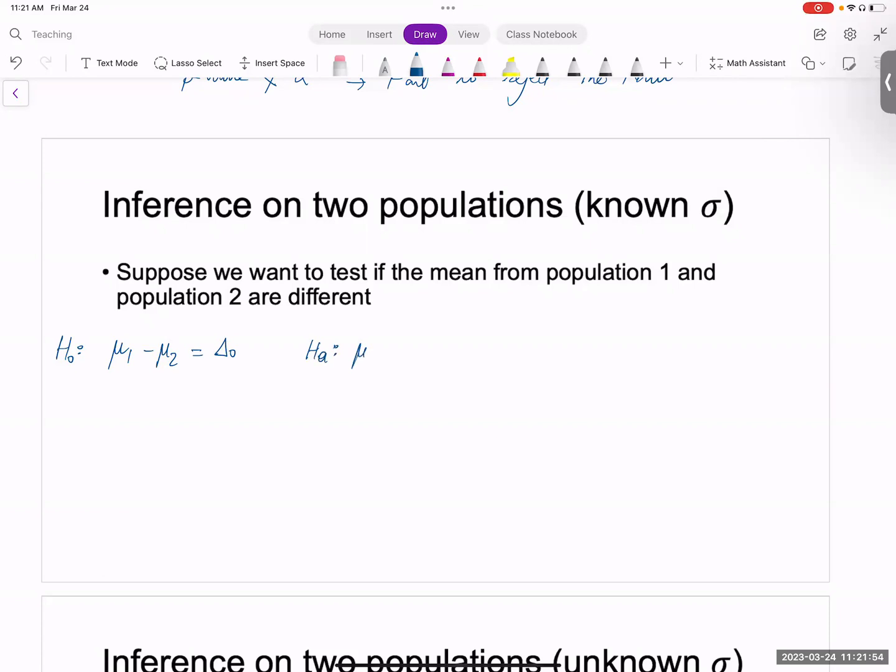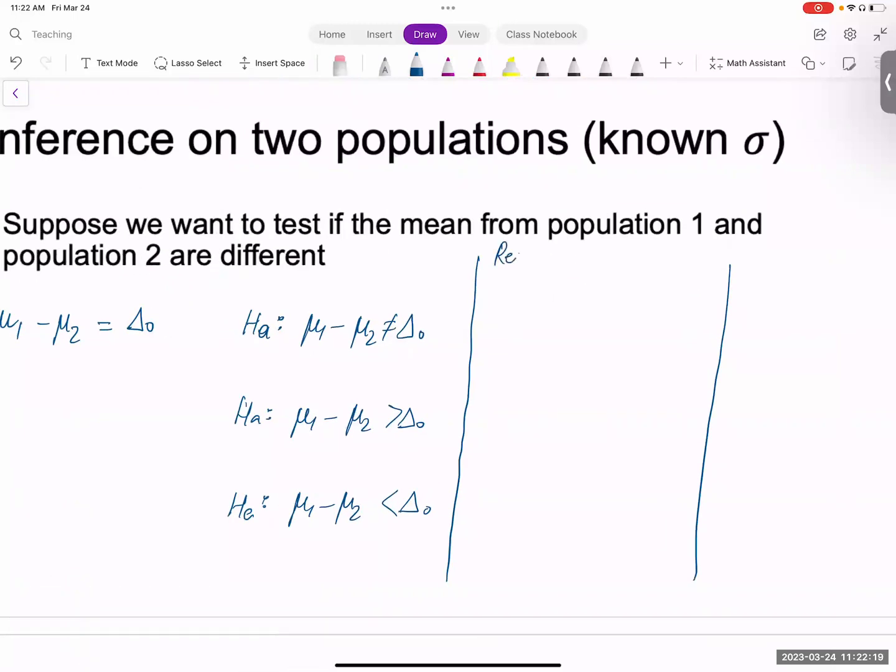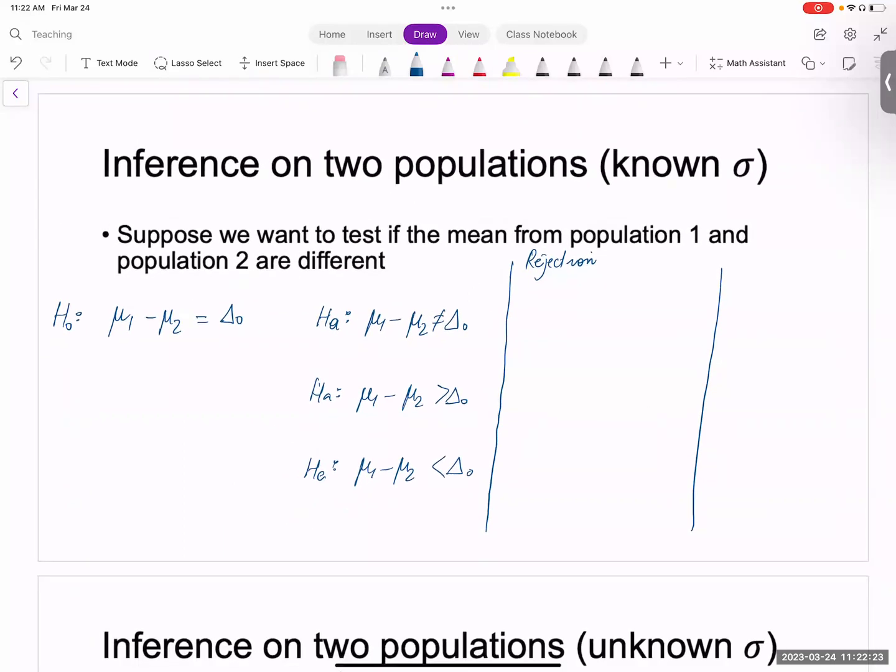The first one is mu1 minus mu2 is not equal to delta 0. Second one is mu1 minus mu2 is greater than delta 0. And then the third one is mu1 minus mu2 is less than delta 0. Right? And then in this case, let's write down the rejection region, and then the p-value.